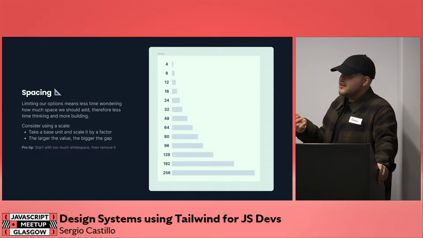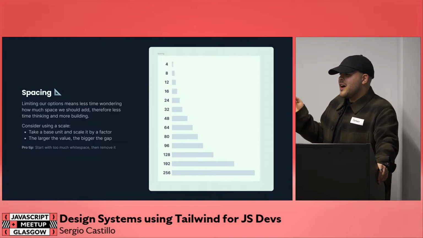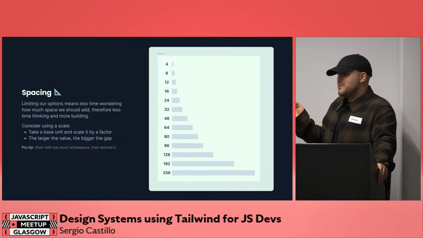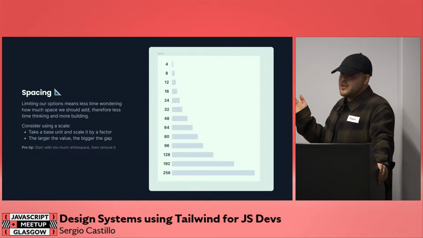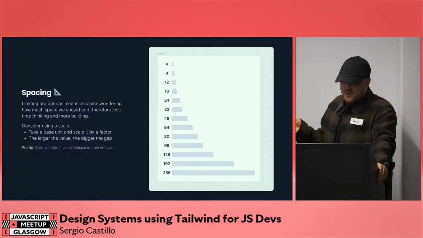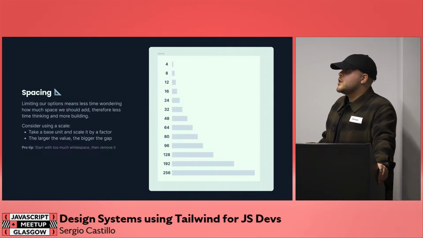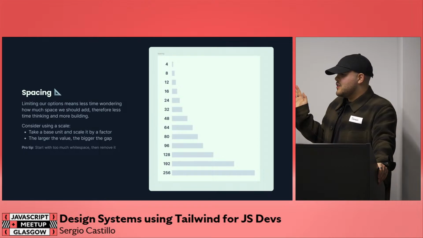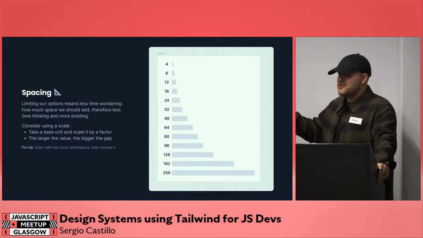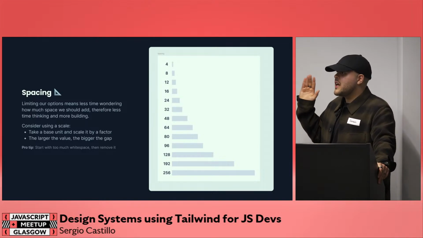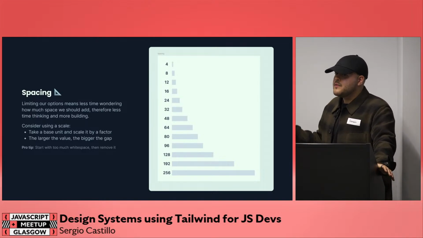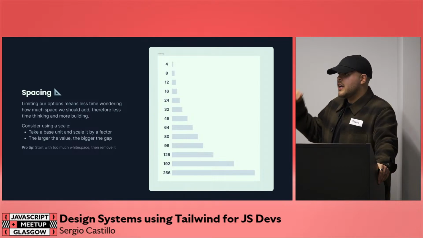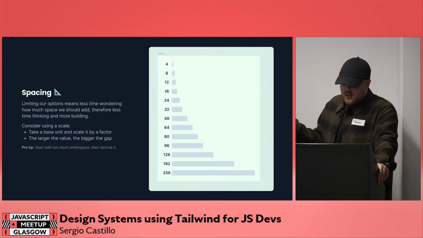The idea is that you don't have to choose whether this padding should be 23, 24, or 25 pixels. You always know that it's going to be 24, for example. It also becomes particularly useful when you're dealing with big sets of space. If the choice is between 160 and 150 and 170, and you only have one of them, then you don't really have to think about what the spacing should be. It should be 160, for example.